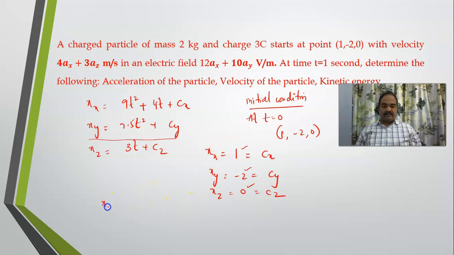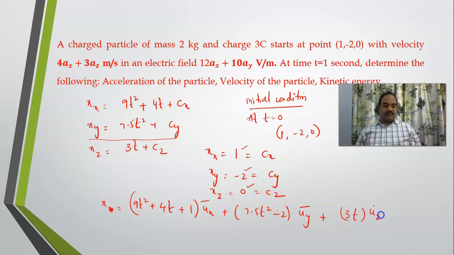So what is x now? 9t square plus 4t, so I'll write it as x completely. This is plus 1 ux bar plus this is (7.5t square minus 2) uy bar plus 3t, it is 0, right? 3t uz bar. This is my position.